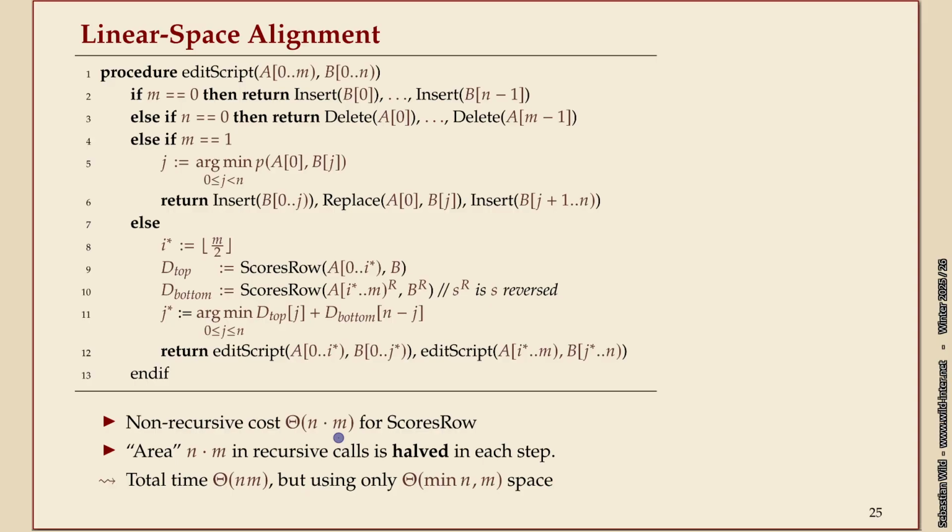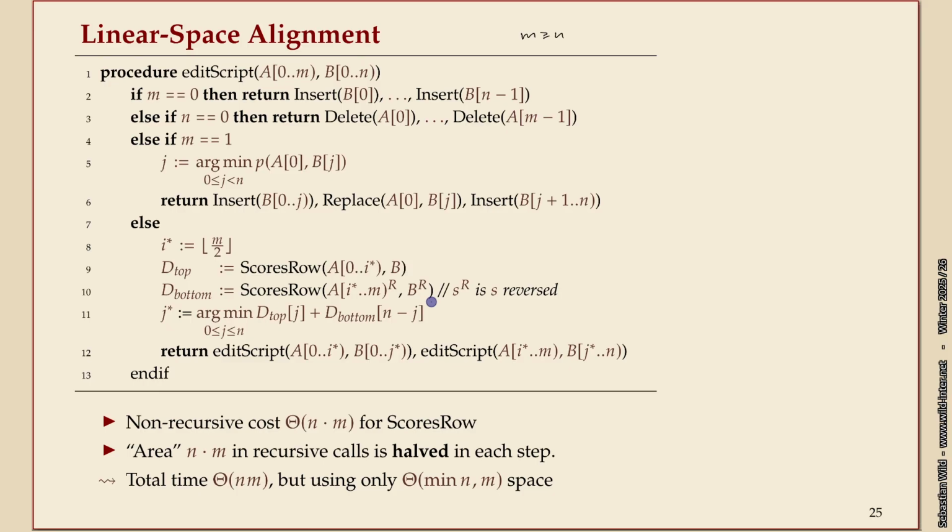That's for the computation, but the space remains linear in n, sorry, it's rows. So in all of this, I'm assuming that m is the bigger of the two strings. You can flip that if not. So we get the smaller of the two strings as the space complexity.